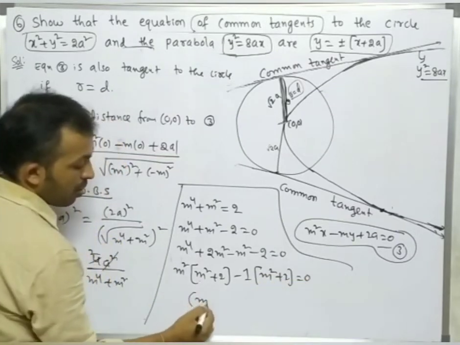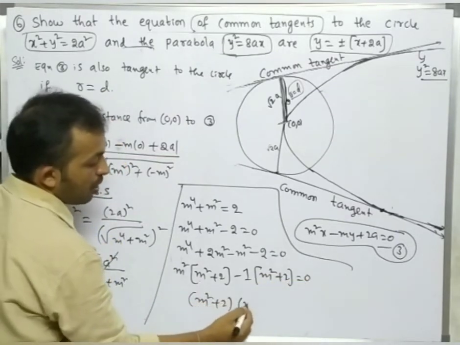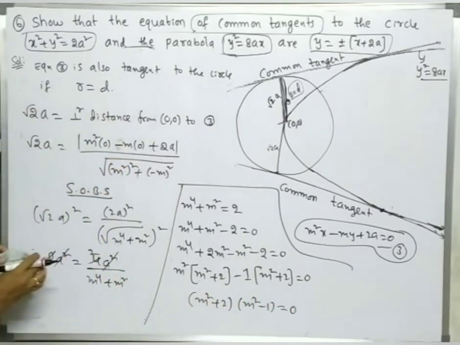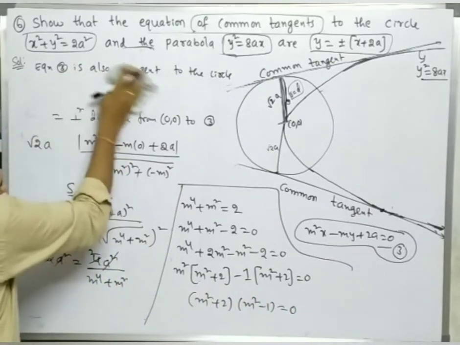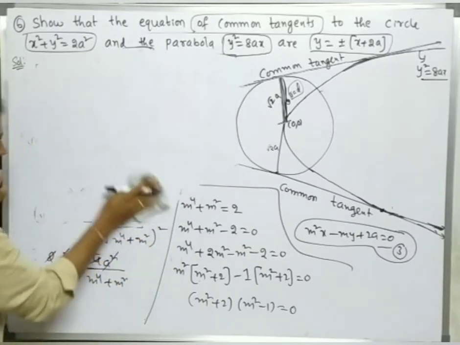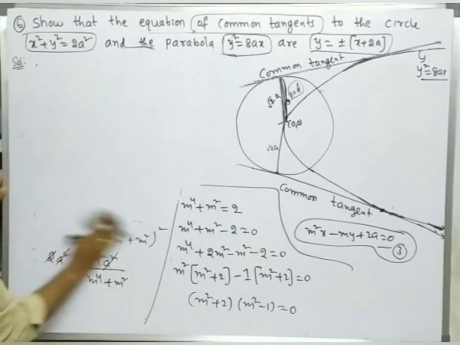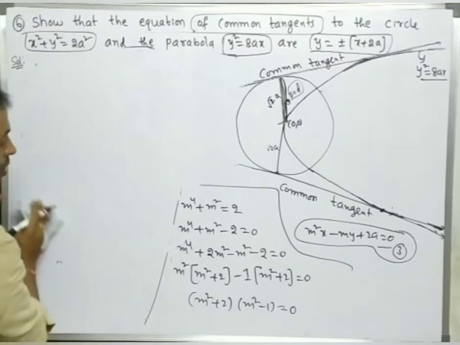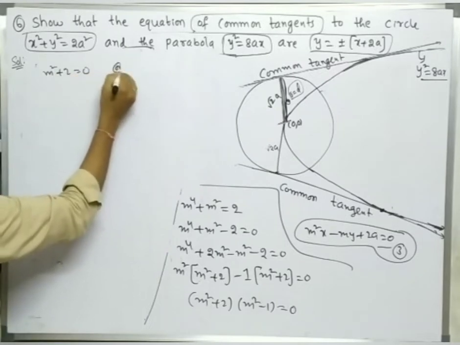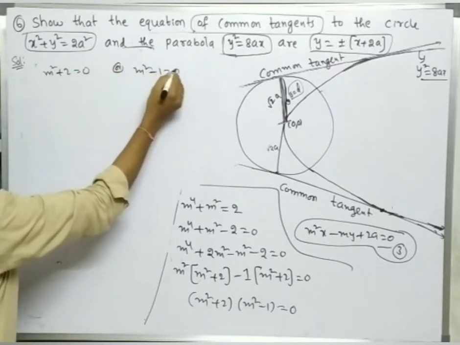So again m square plus 2 is common. What is remaining? M square minus 1 is equal to 0. So that means either m square plus 2 is equal to 0 or m square minus 1 is equal to 0.